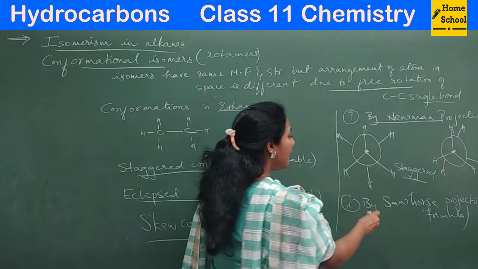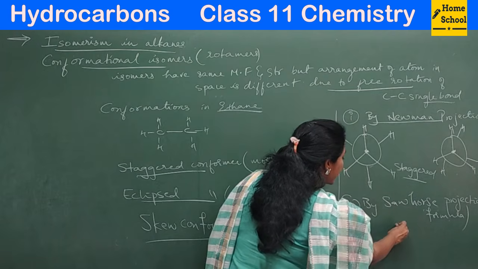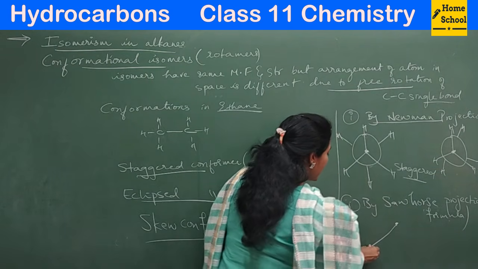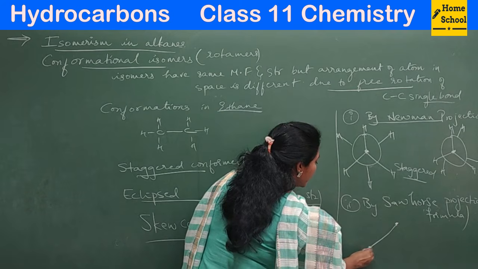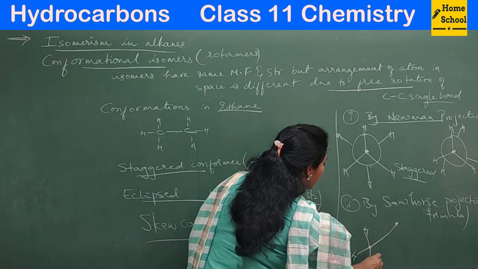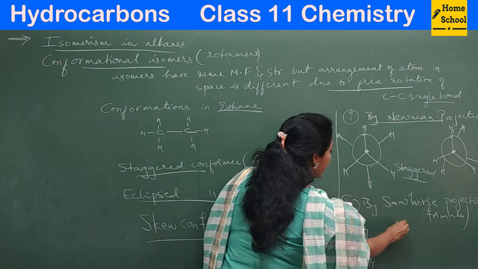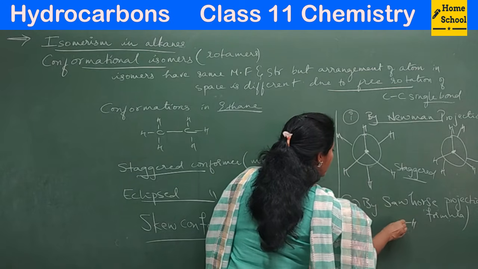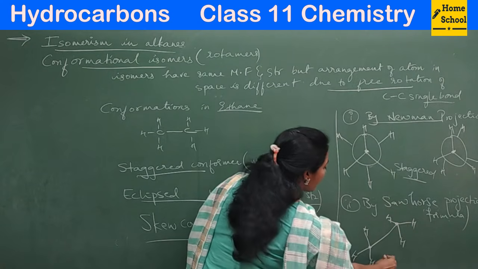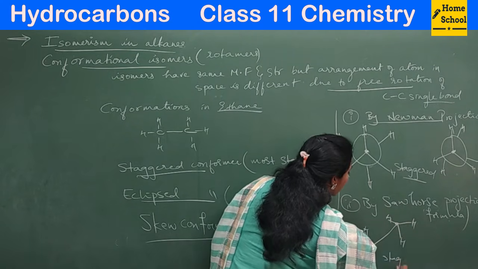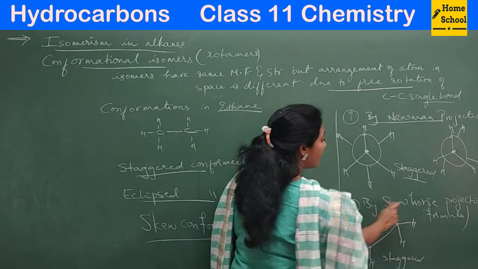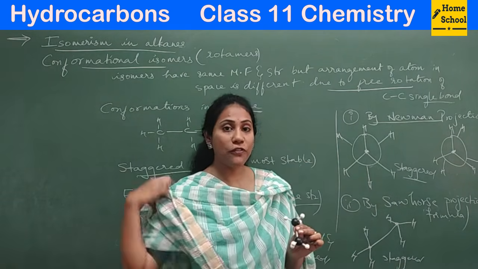And by using the Sawhorse formula, it's different. Say this is one carbon, this is another carbon. These are the hydrogens of this carbon, and these are the hydrogens of this carbon. So this is the staggered conformer, represented with the help of the Sawhorse projection formula.